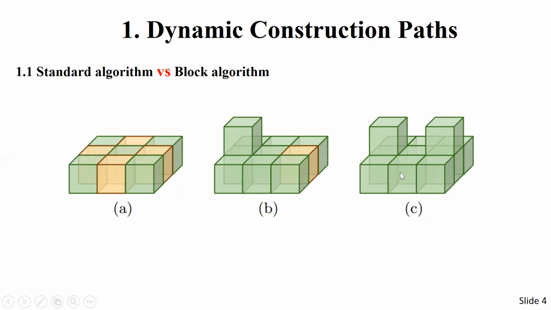However, if we want to finish a structure, like figure C shows, we want two blocks assembled on the top layer, either left or right, or front or back. We don't want the blocks attached to the left and front, or back and right.